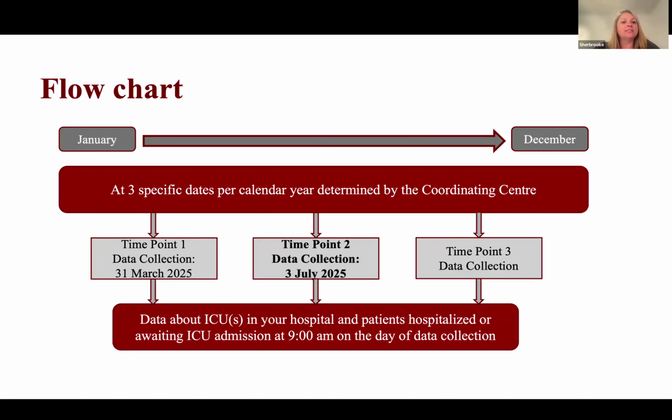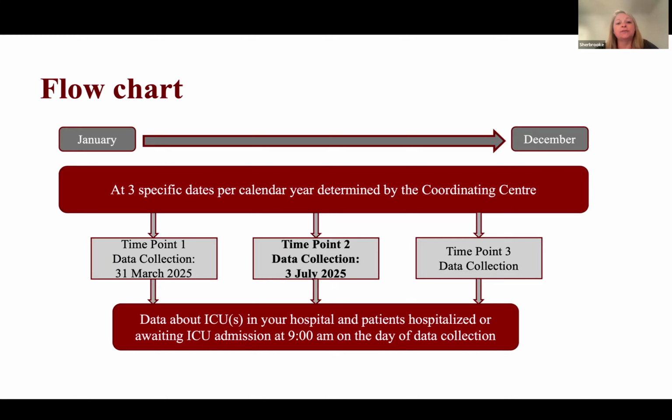So now here is the flow chart of the study. As you know, in January, we sent invitation letters to all hospitals in Canada that have acute care units, so ICUs. And we had a first time point of data collection on March 31st.